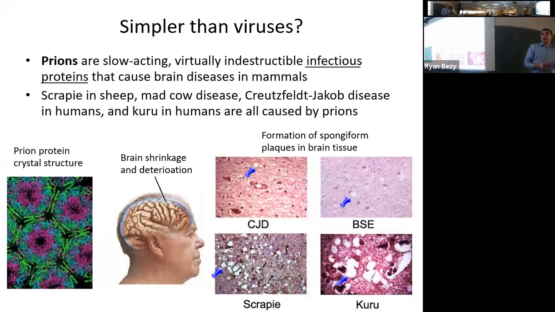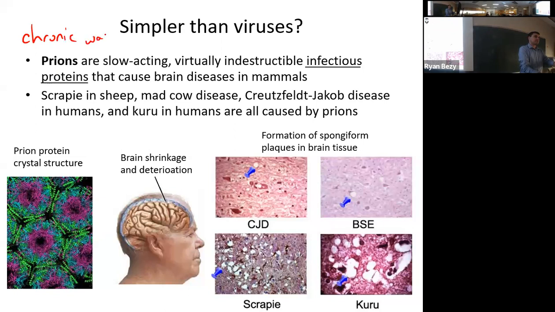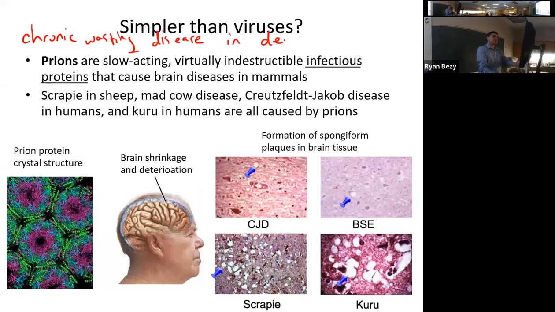Okay. There is a prion-based disease that's bad in Iowa at the moment. Anybody know any hunters?